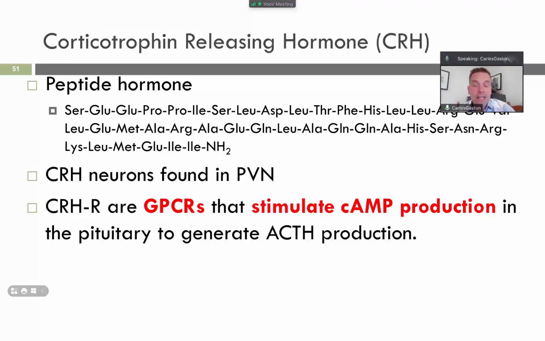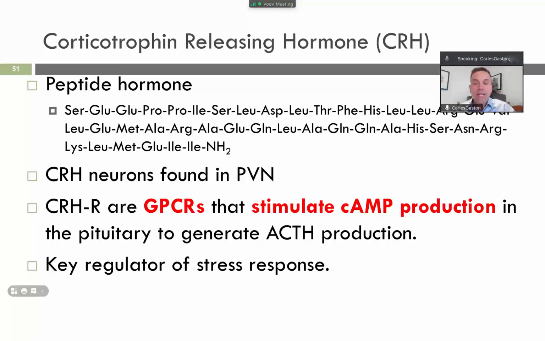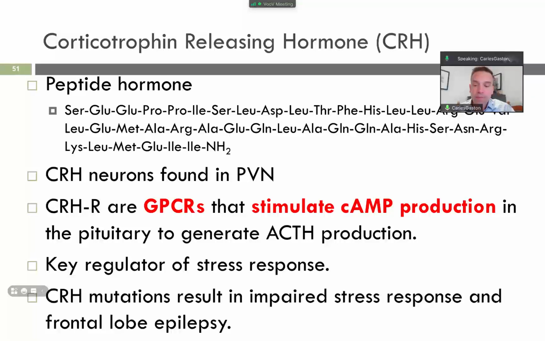It acts in the pituitary gland by binding the CRH receptor, which is a GPCR that stimulates cAMP production and generates the production of ACTH by the corticotroph cells of the pituitary, which will release ACTH into the bloodstream, which will affect the adrenal. It is a key regulator of stress response, and mutations in CRH result in impaired stress response and also epilepsy.